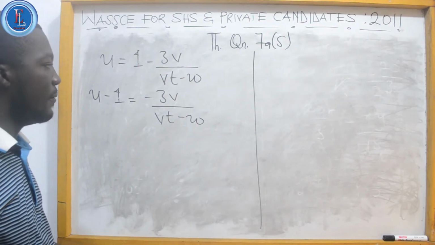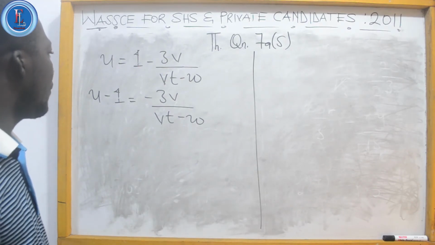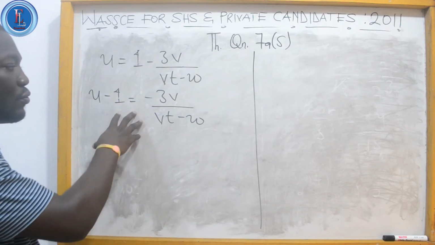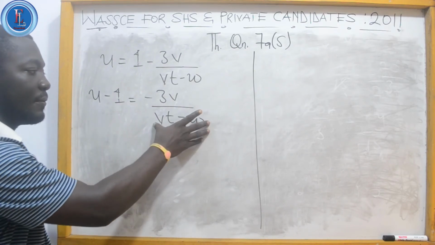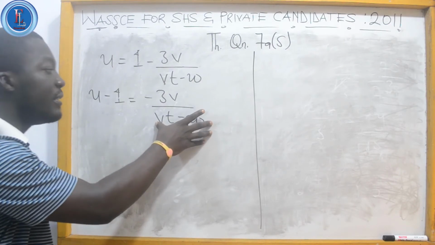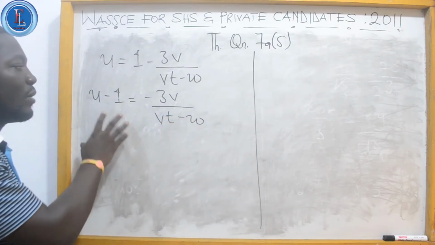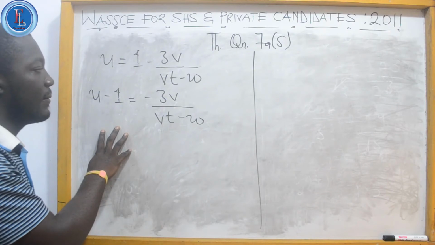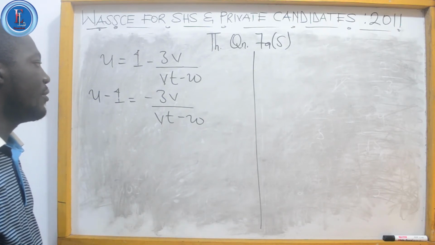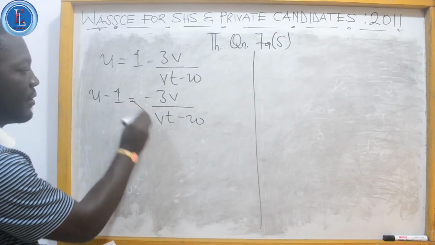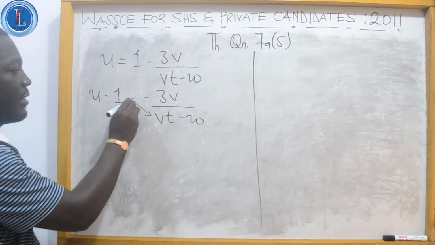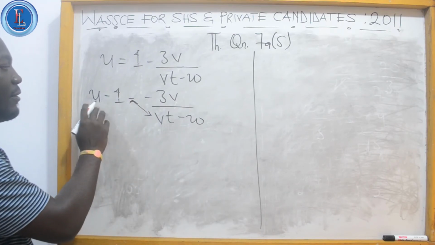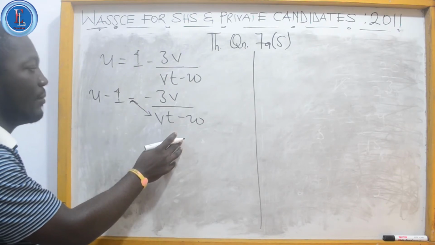And to continue, we can do cross multiplication so that the denominator which contains the T will now become a numerator. So as a principle, this one will go there, and the U minus 1 will also come here.